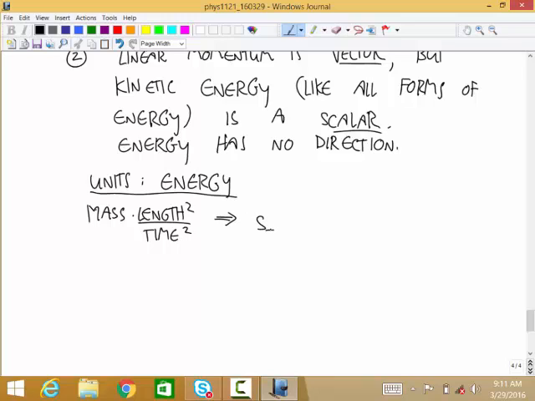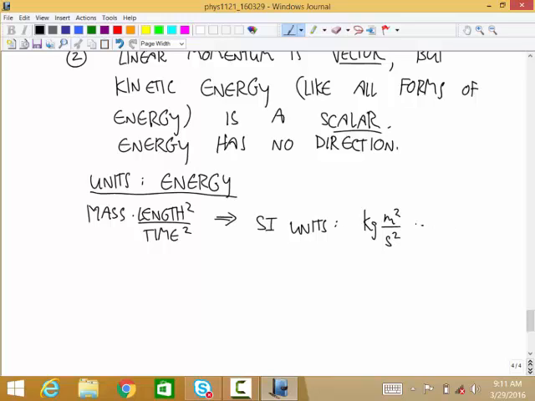And so in SI units, energy is given as kilogram meters squared per second squared. Well, we use energy enough, and that's a cumbersome enough set of units, that we just give it its own name, the same as we did with newtons.